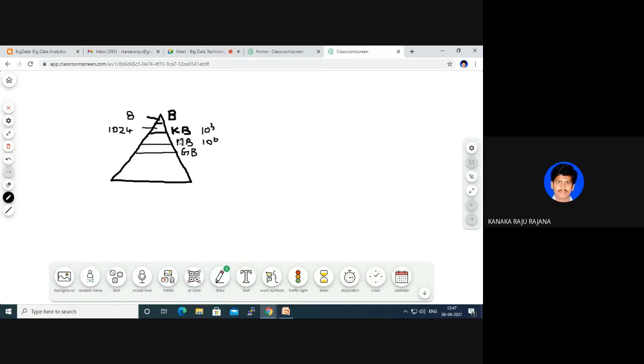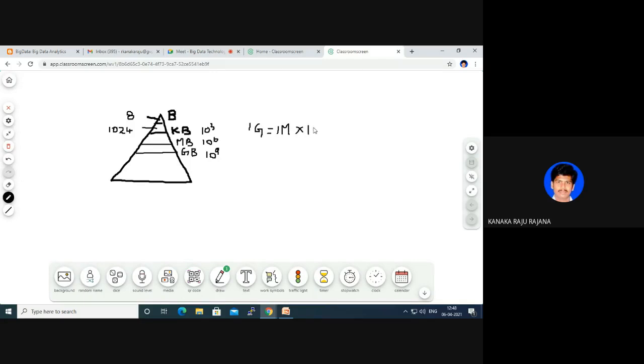If I multiply these two, then I get 10 to the power of 9. See the simple example. So what is meant by 1 GB? 1 GB can be represented in different ways, but the easier way to remember is that 1 GB can be achieved as 1 MB multiplied by 1 KB.